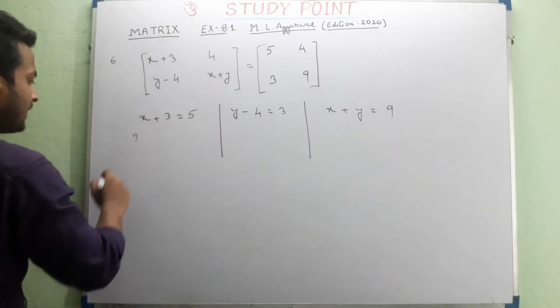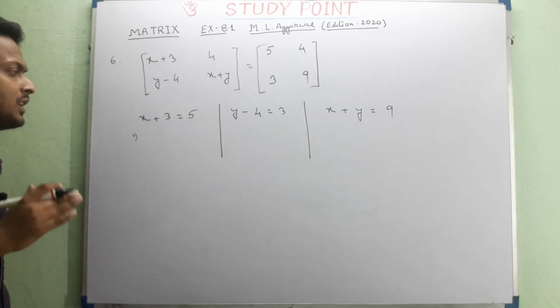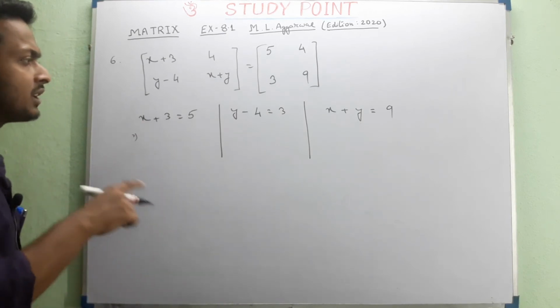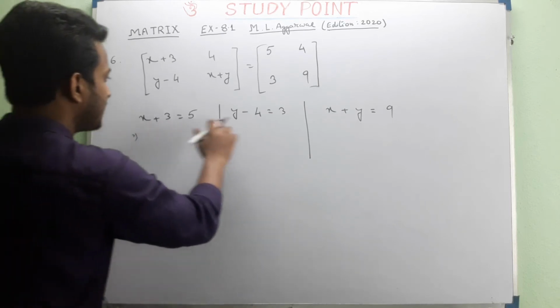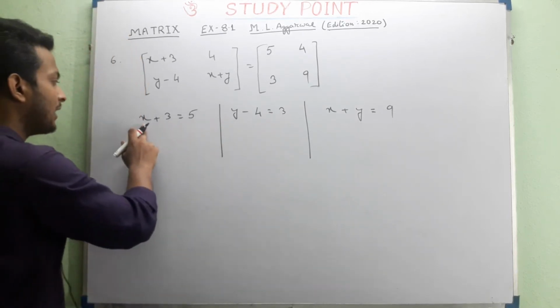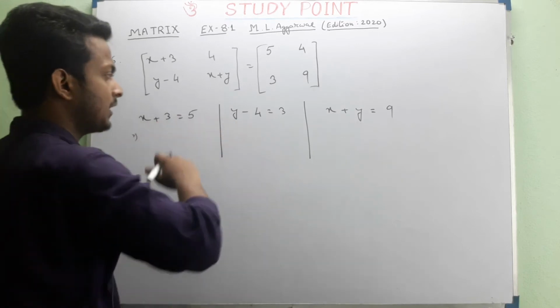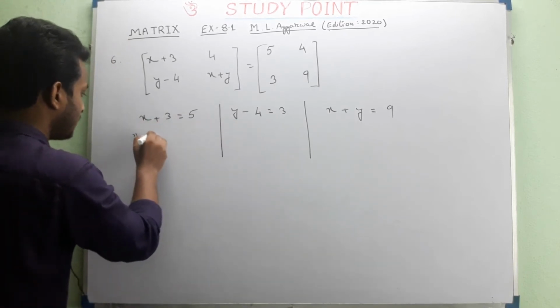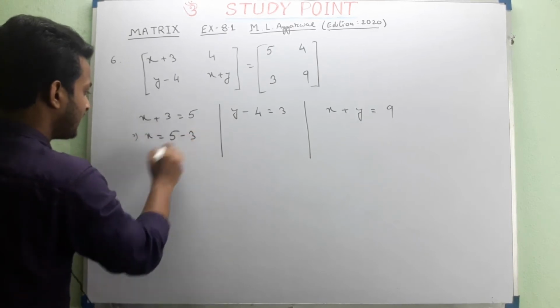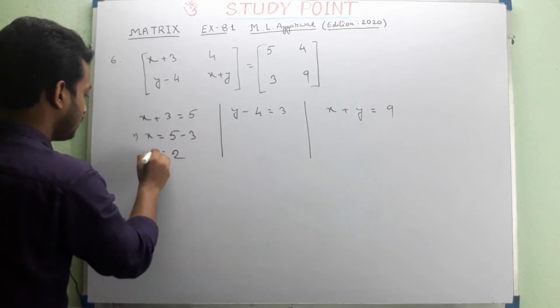Now see, first we will try to solve those equations which contain only one variable. You can see this equation and this equation contain only one variable. Here the variable is x and here the variable is y. So let us first solve these two. From here we can say it will be 5 minus 3, that is equals to 2.